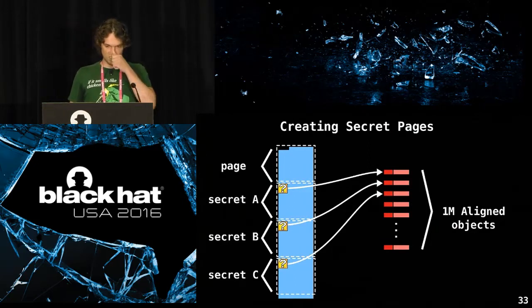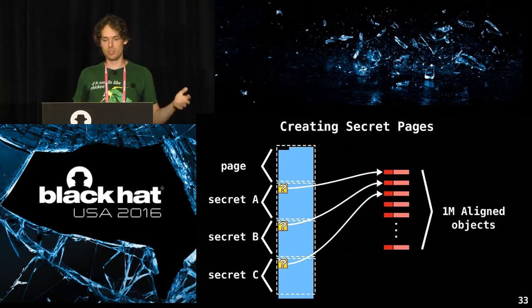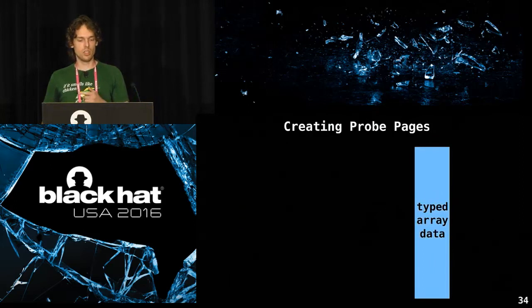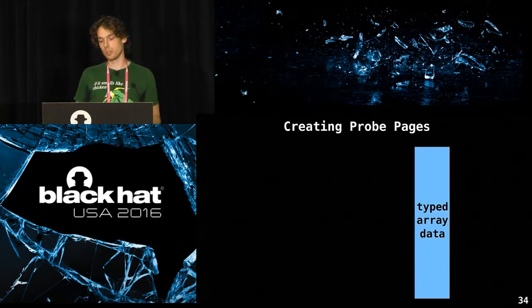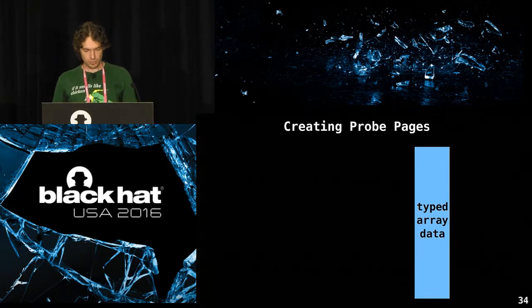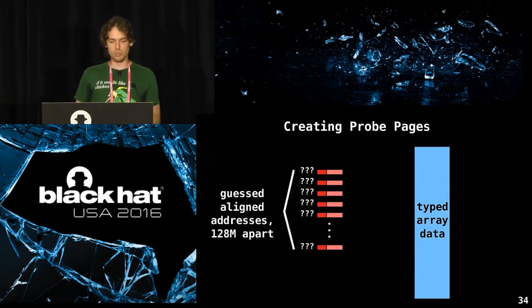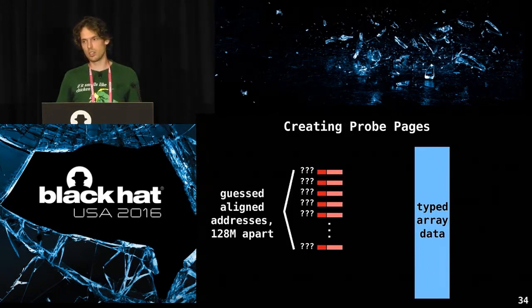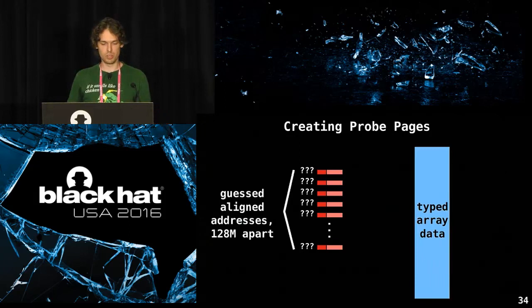So these pages encode the secret that we want to leak. On the other hand, we use a typed array, which in JavaScript allows us to control the memory completely, to fill that array with pages which look like the same array pages, but with addresses of guess objects.